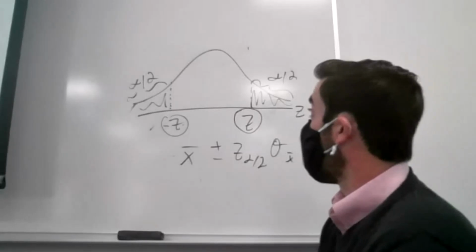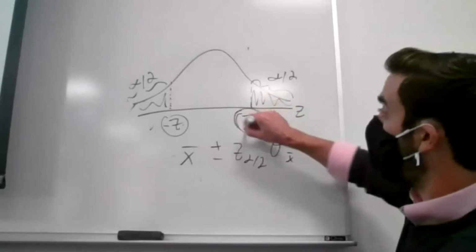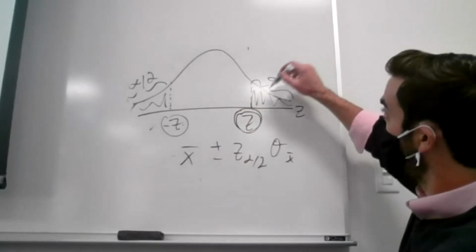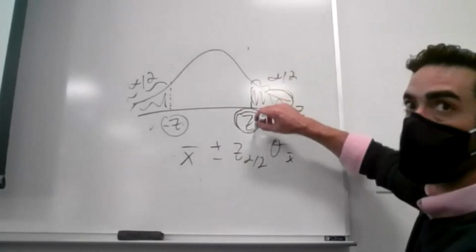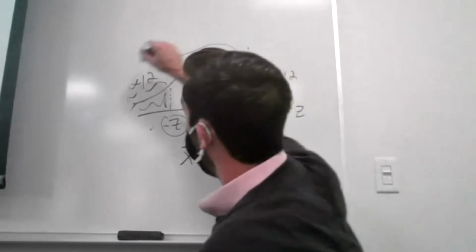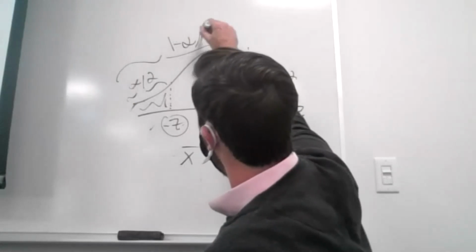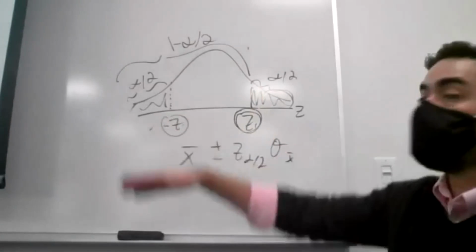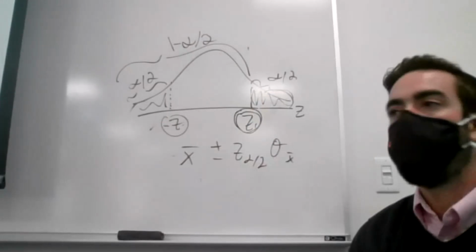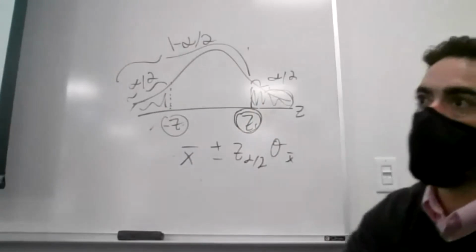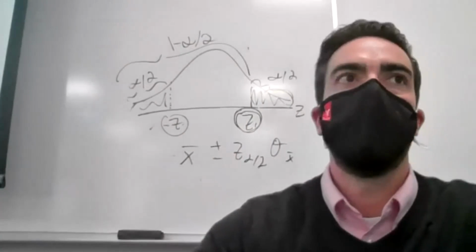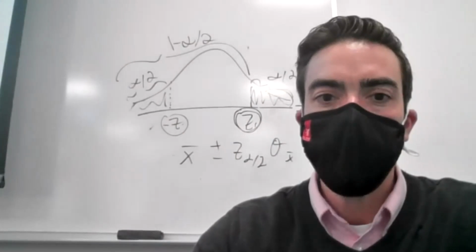A different way I can think about this is if I just want to find the positive z value to plug in, then since there's alpha over 2 to the right of this value, I would actually look up 1 minus alpha over 2, because that would be the area to the left of that value. You don't have to do that. You can just look up alpha over 2 and remember I don't need the negative sign for confidence intervals. But that's another way of thinking about it. Just trying to give you different looks here.